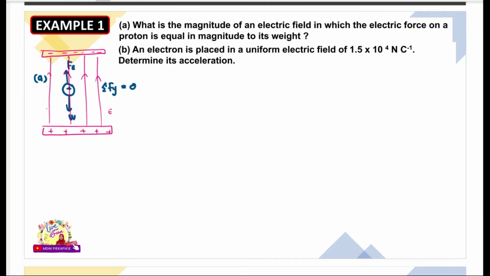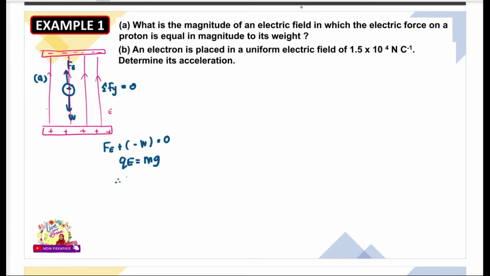So the only force that we have is Fe plus, okay, kita ada weight ke bawah kan, which is negative W equal to 0. So Fe is equal to mg. Okay, where Fe is equal to QE lah, kita boleh terus tulis dekat sini QE.